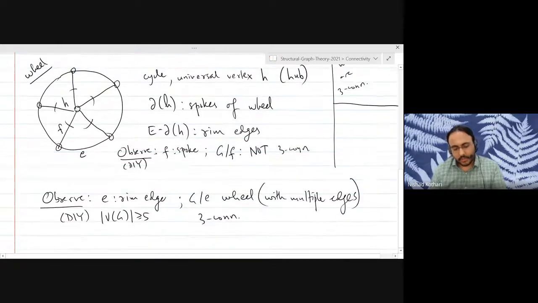Okay, so what is the conclusion? Because there are only 2 types of edges, spoke edges and rim edges, the conclusion is that for every edge, if you contract it, either you lose 3 connectivity or you maintain 3 connectivity, but then the graph is no longer simple.